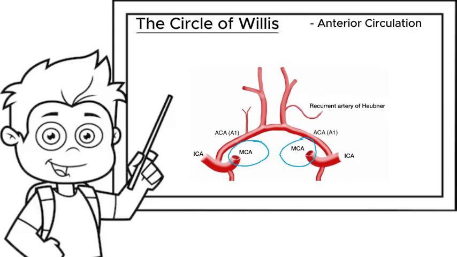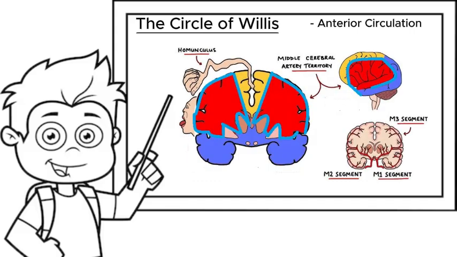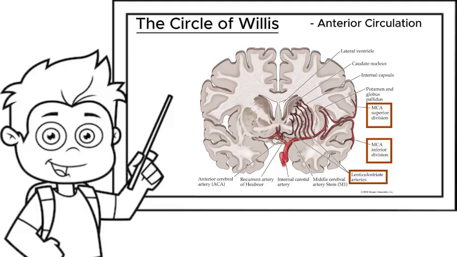The middle cerebral artery supplies the lateral surfaces of the cerebral hemispheres, especially the motor and sensory cortexes for the face and upper limb and the dominant hemisphere's language areas. It divides into the superior division and the inferior division.